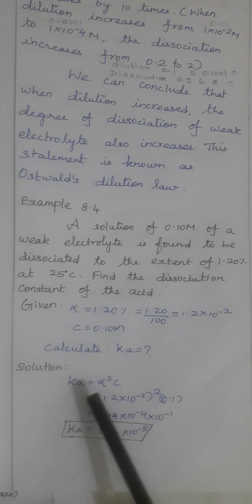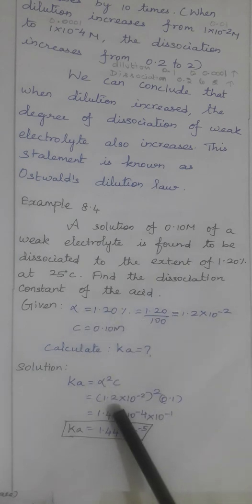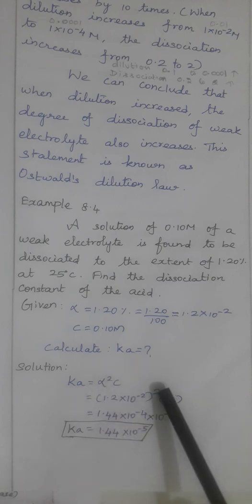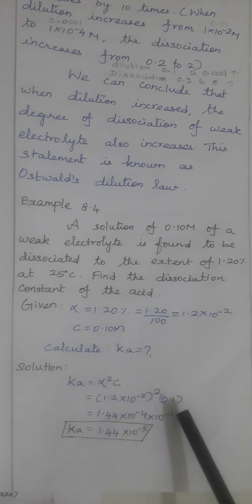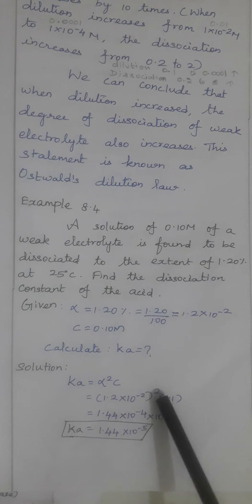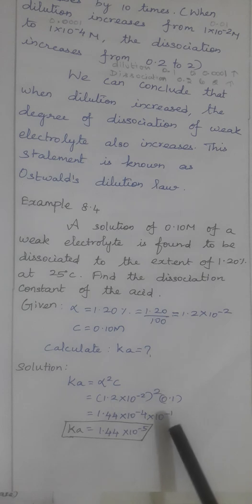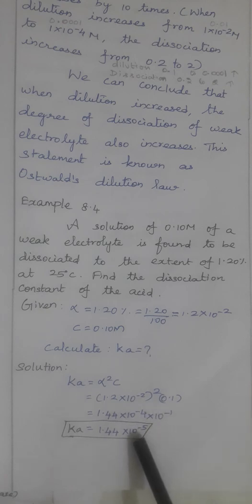Ka is equal to alpha squared C. The alpha value is 1.2 into 10 power minus 2, whole squared, and the concentration value is 0.1. 1.2 whole squared is 1.44. 10 power minus 2 whole squared is 10 power minus 4. 0.1 is represented as 10 power minus 1. 10 power minus 4 into 10 power minus 1 becomes 10 power minus 5. So 1.44 into 10 power minus 5 is the Ka value for the weak electrolyte.